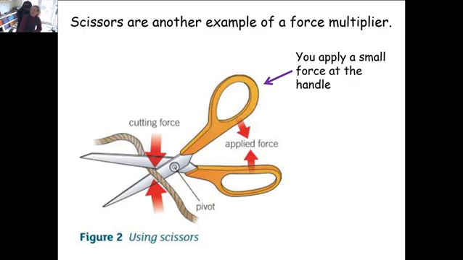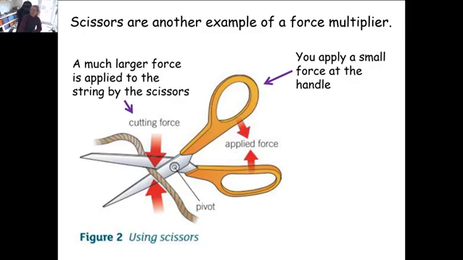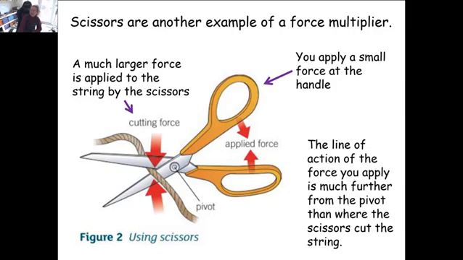So if you apply a small force at the handle, a much larger force is applied to the string by the scissors, and your line of action of your force is much greater from the pivot point to where you apply the force than at this point where you need to apply a much greater force at a shorter distance from the pivot point.